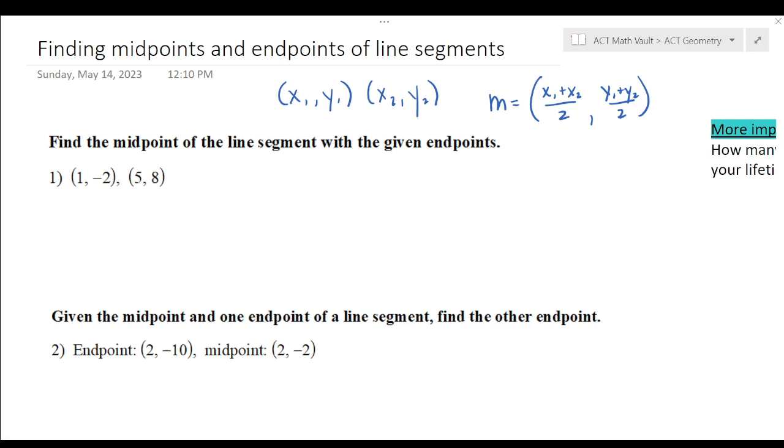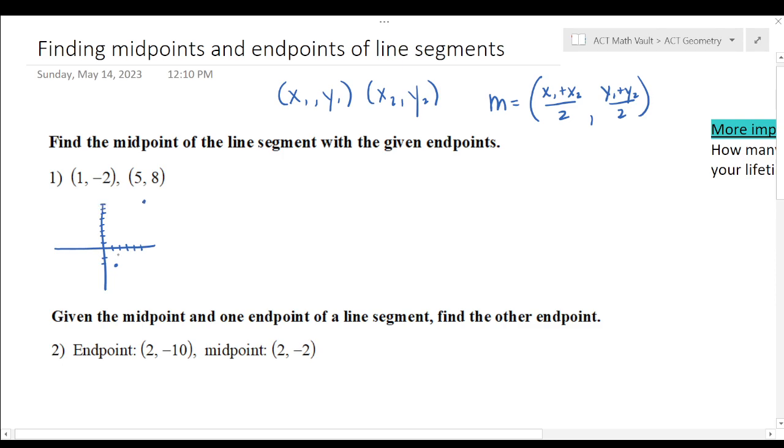If you look at a visual, say, of these 2 points, it makes a little bit more sense why taking the average just makes sense. So 1, -2 is one of our points, and then 5, 2, 3, 4, 5, 6, 7, 8.